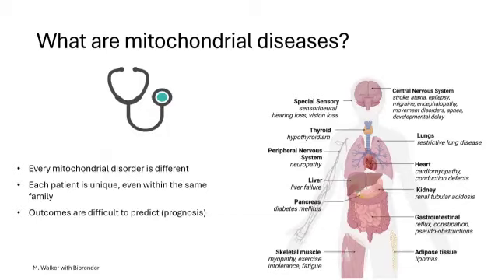We can have siblings who have the exact same gene, for example, who will have very different experiences. And that makes it really difficult to predict what's going to happen in the future. And what I always tell my patients is, while that is incredibly frustrating and that uncertainty is very difficult to live with, I always hope that it also leaves a little room for hope.